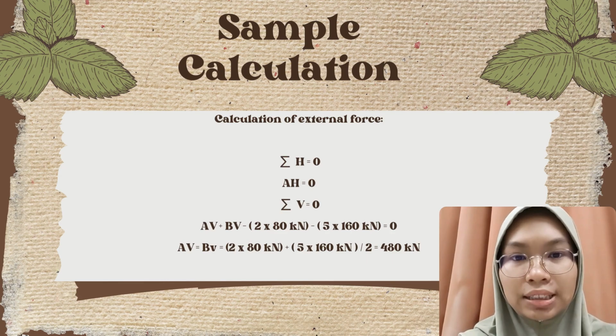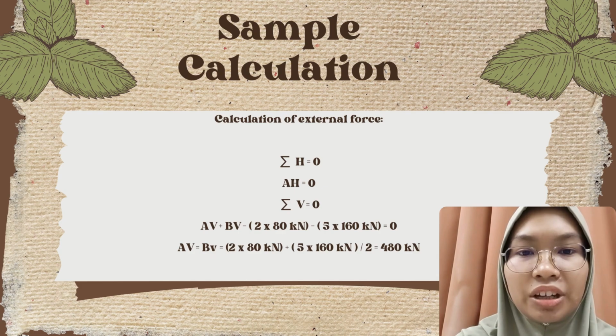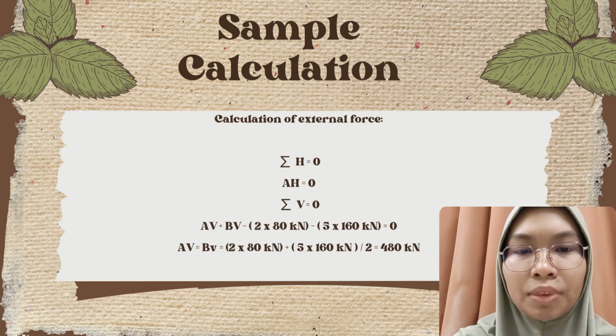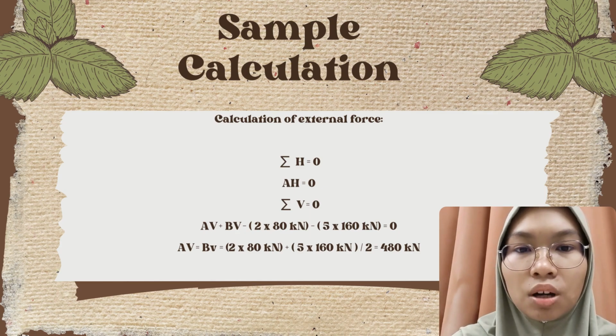Calculation of external force. To calculate external force, we use the formula sum of H equal to 0. Then we will get AH equal to 0. Then we will use sum of V equal to 0.